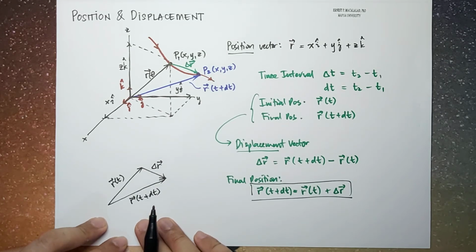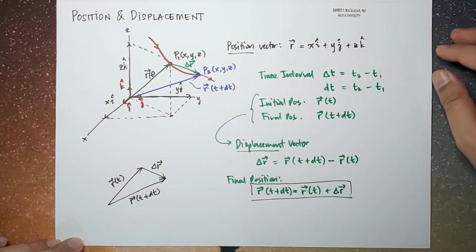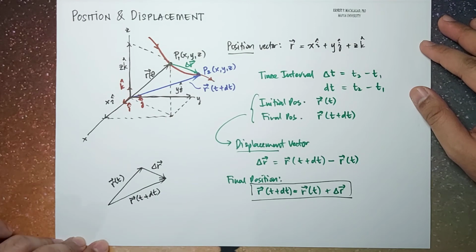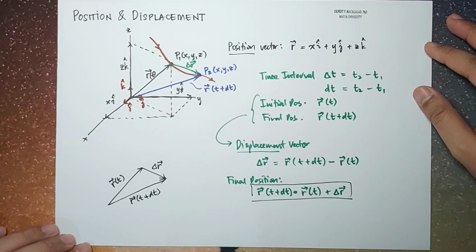So that's your simple description of how we represent position and displacement of particles in the Cartesian coordinate system, especially using the unit vector notation.